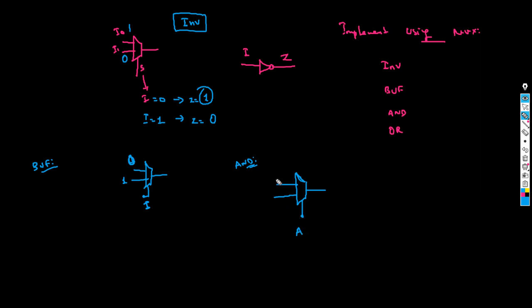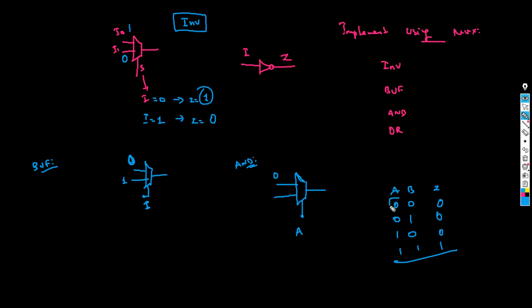And then when A is 0, what will be your output? 0, sir. Okay. So now A, B, Z: 0 0 0, 0 1 0, 1 0 0, 1 1 1.